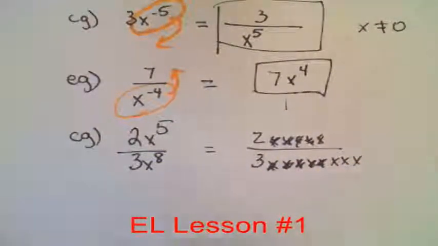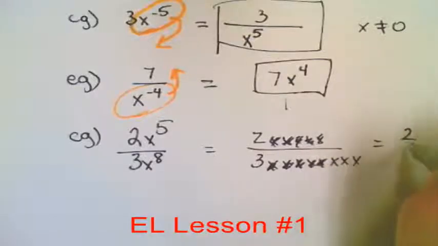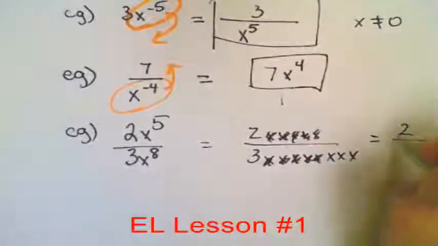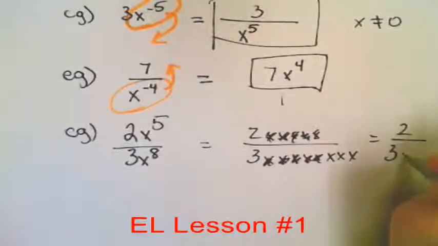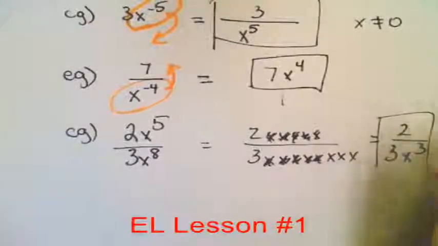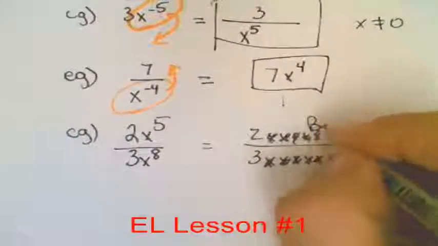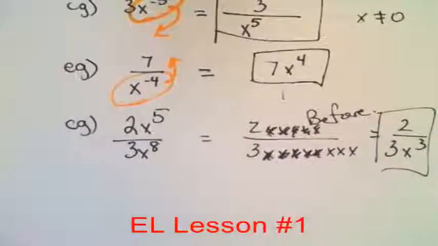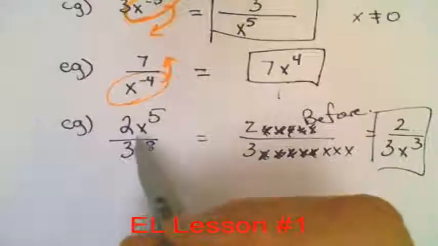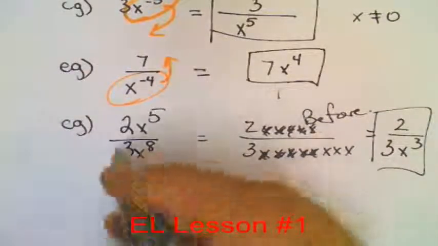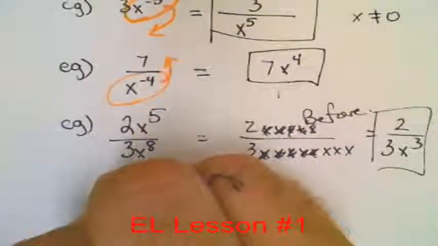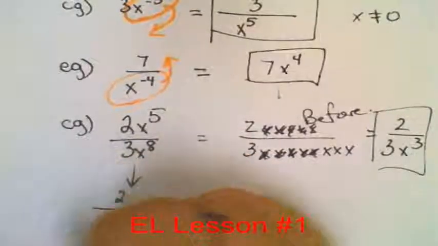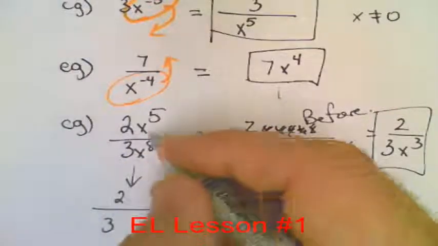It was 2 and then 5 x's over 3 and 8 x's. In the top, you're left with the 2. In the bottom, you're left with 3. And then x cubed. And so you were done. That was before.